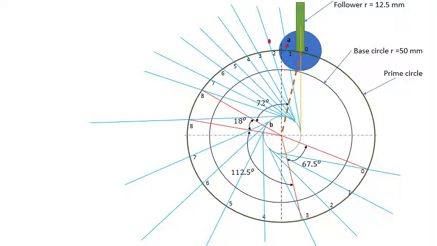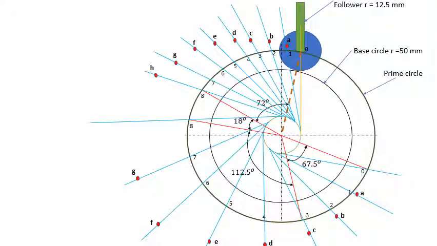Similarly, measure 2 to B and transfer here, 3 to C, then 4 to D, 5 to E, 6 to F, 7 to G and 8 to H. Similarly, for the return stroke also, measure 1 to A and transfer here, then 2 to B, 3 to C, 4 to D, 5 to E, 6 to F, 7 to G.